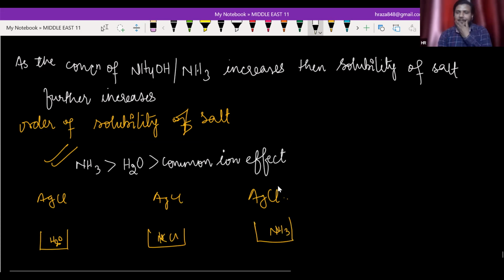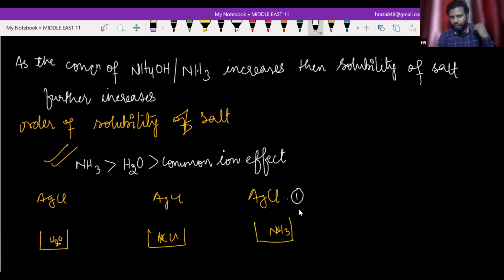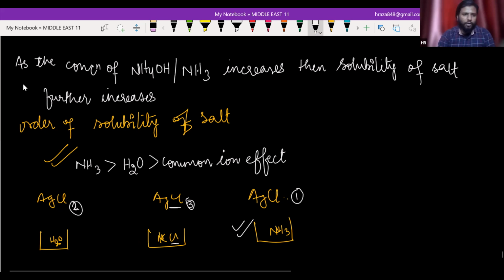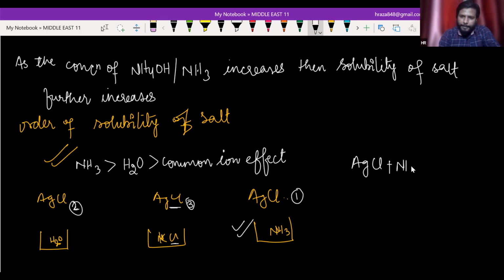The solubility of AgCl will be maximum here, then here, and then here, because it has common ion, this Cl. Because of effect of common ion, it will move to the left hand side. But why will it be most soluble in NH3? Because AgCl with NH3 will make a complex compound.